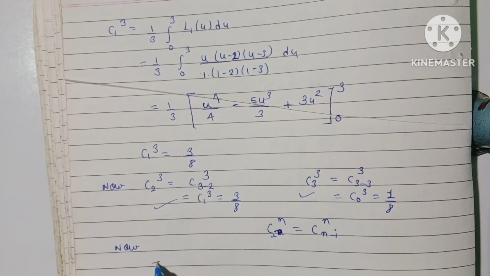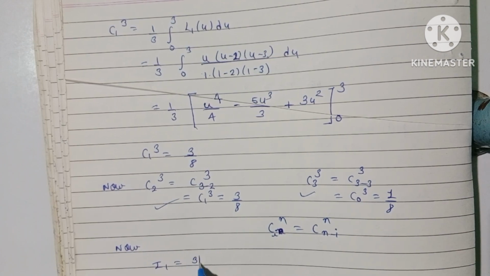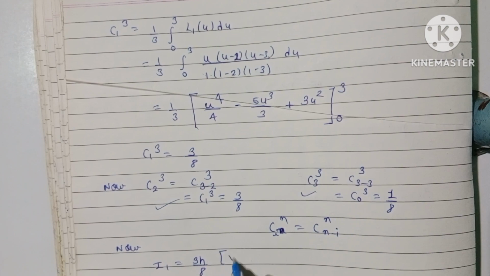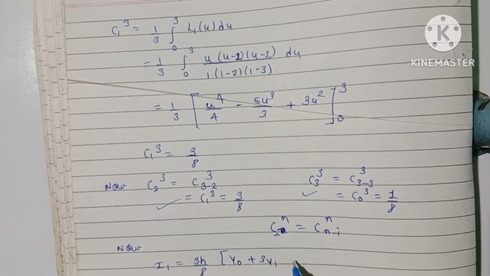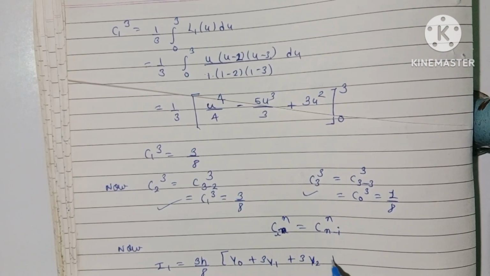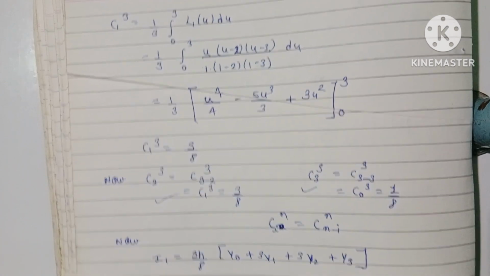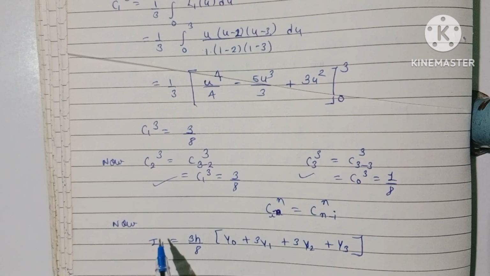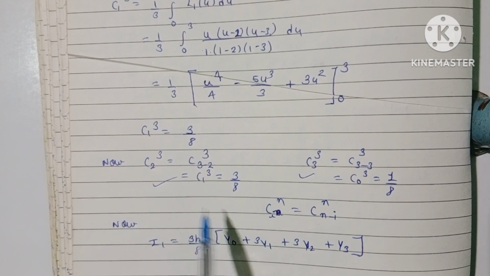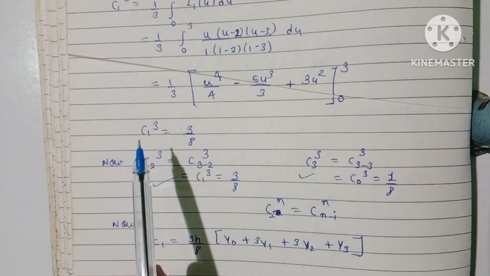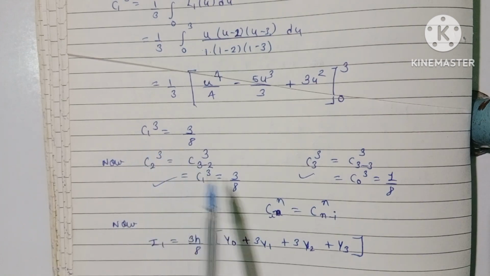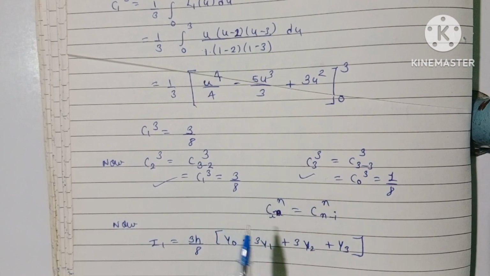Now I1 equals 3h by 8 times (y0 plus 3y1 plus 3y2 plus y3). This is the total form we get by putting the values of C0, C1, C2 and C3 in equation number 1.